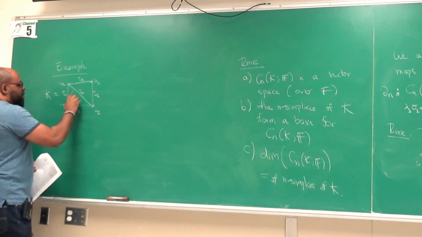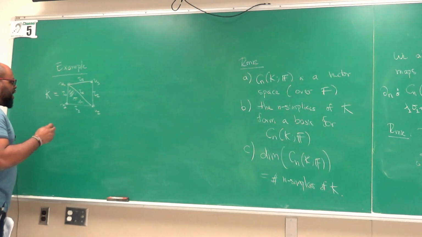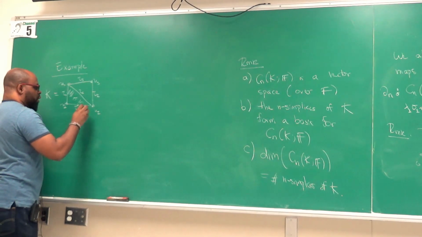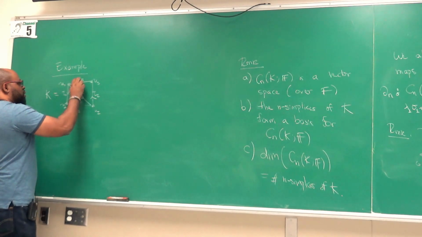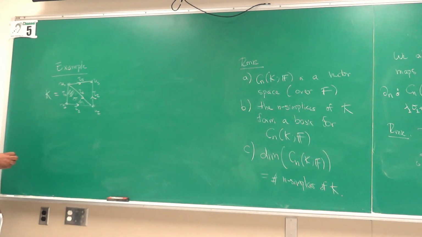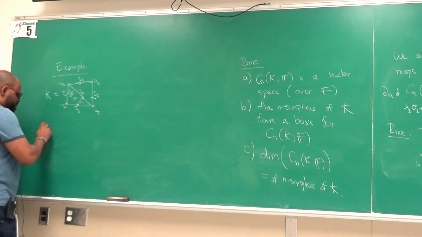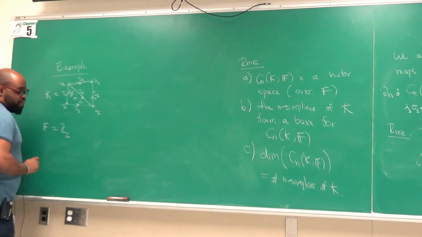And it's got sigma here as this two-dimensional face. We orient the simplices in the usual way, like that. And then I'm going to let my field F be the integers mod 2.